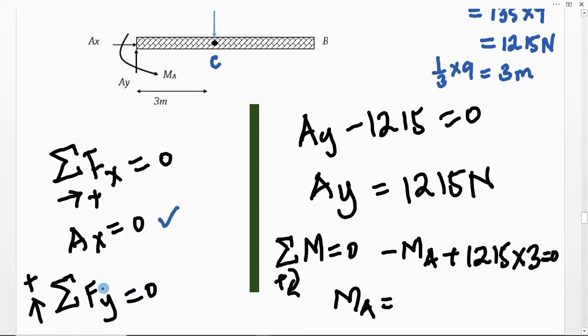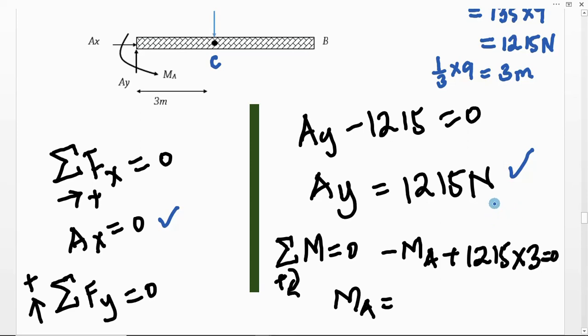Then sum of forces in the y direction, taking the positive y direction forces to be positive, then we will have AY, which faces vertically upwards, minus 1215, equal to 0, and our AY, the reaction at A vertically upwards, is 1215 newtons.